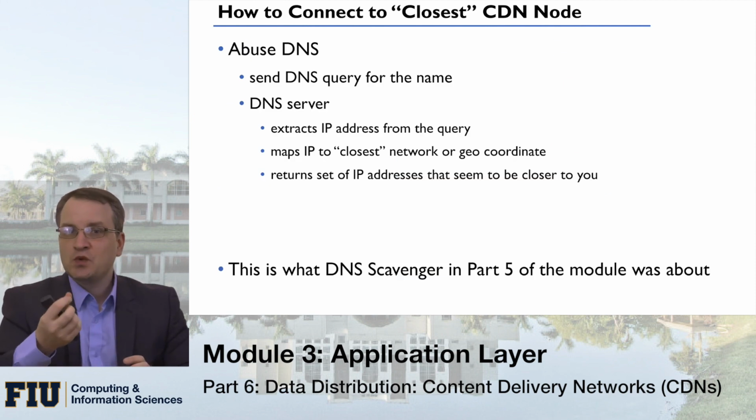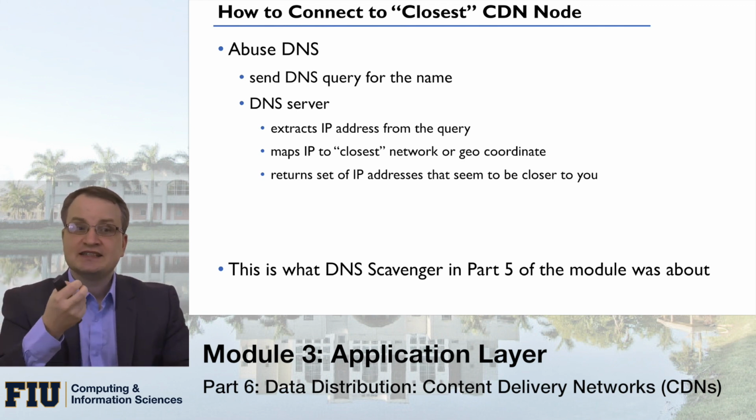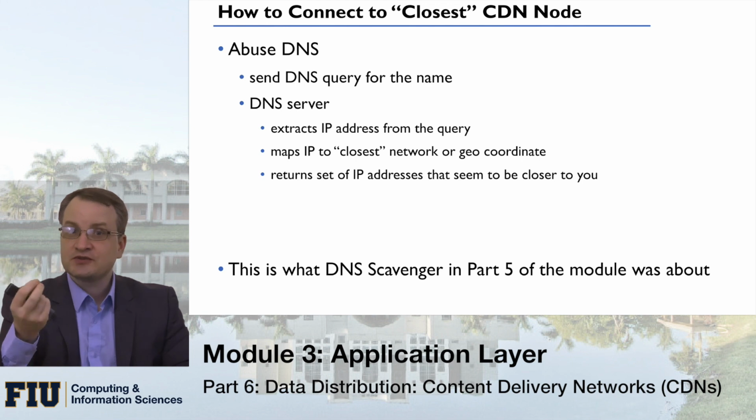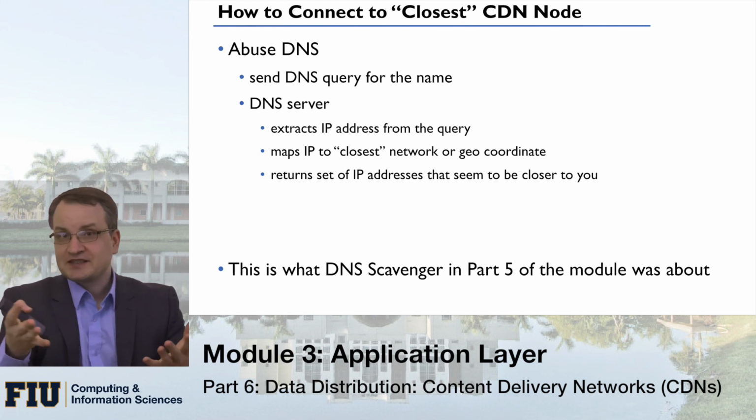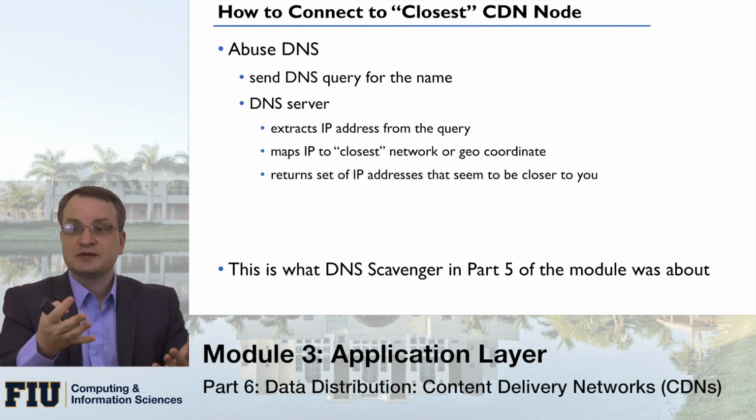One thing I want to talk about is the mechanism by which the CDN system as a whole gives you the IP address of the closest box. As I already discussed, one option is that the system gives you all IP addresses.